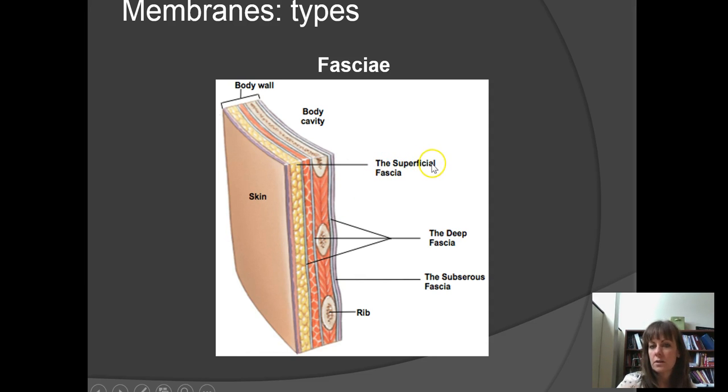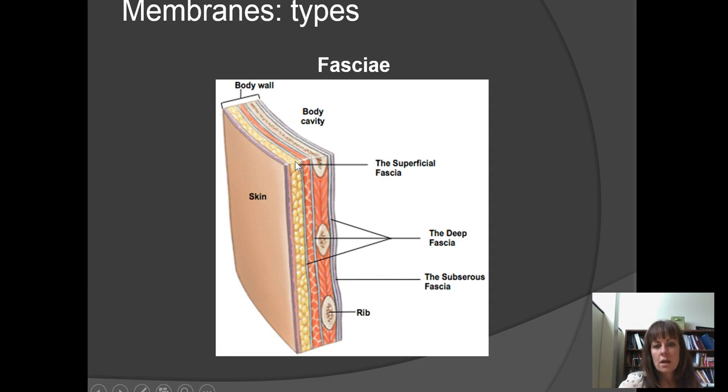The first thing we run into is the superficial fascia. You can see from all of the yellow blobs that it has a lot of adipose tissue. We're also going to find a lot of areolar tissue there. Sometimes you may also hear it called the hypodermis or the subcutaneous layer, sub meaning underneath the cutaneous, or underneath the skin.